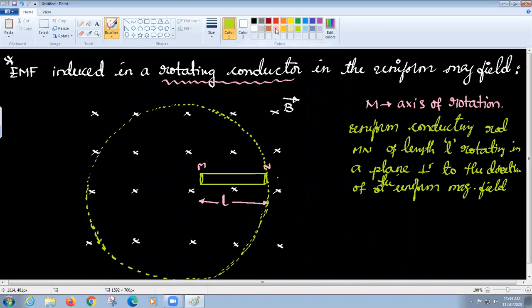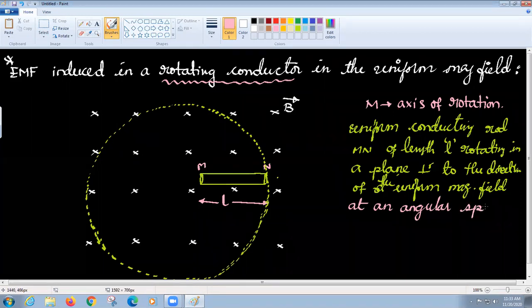Now at an angular speed, this is an important point, we will take a variable omega.